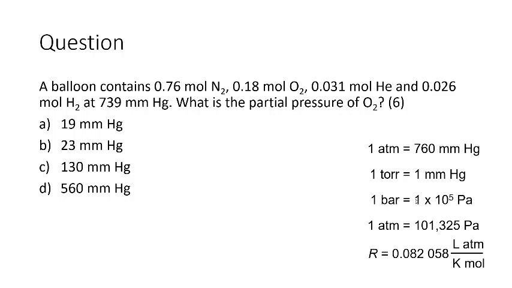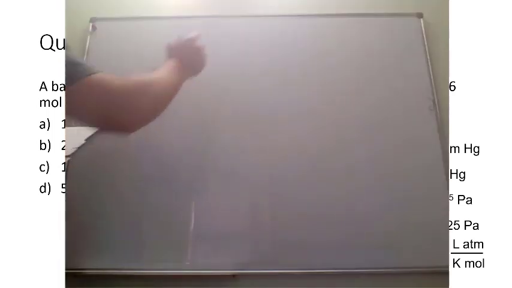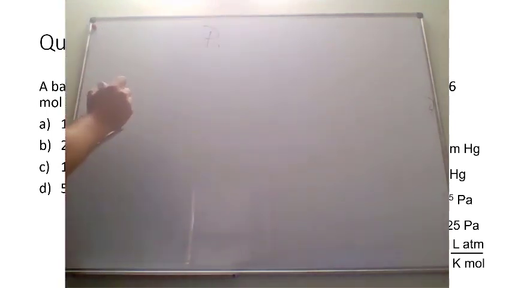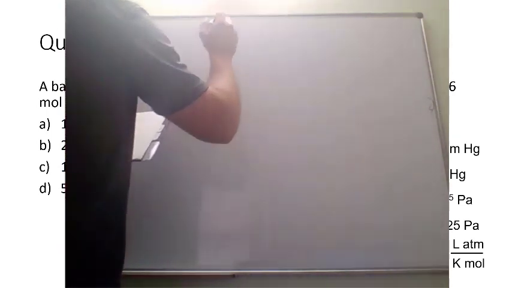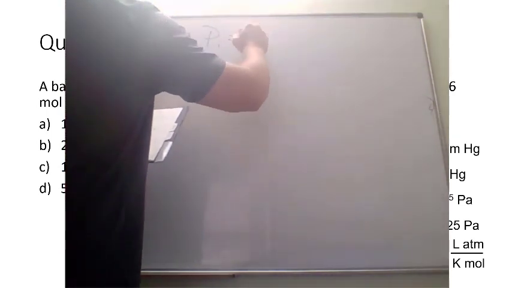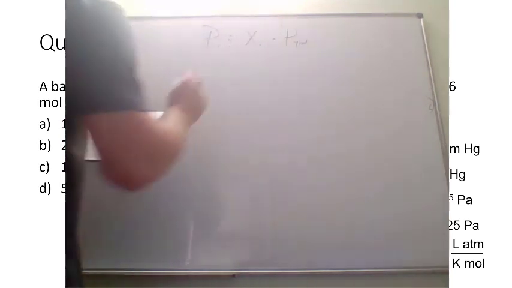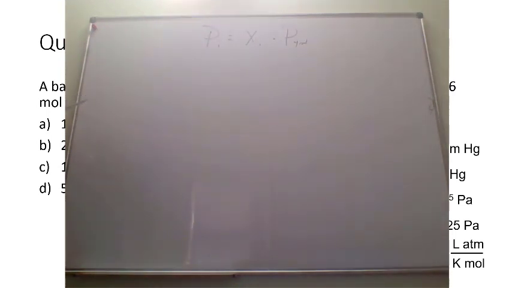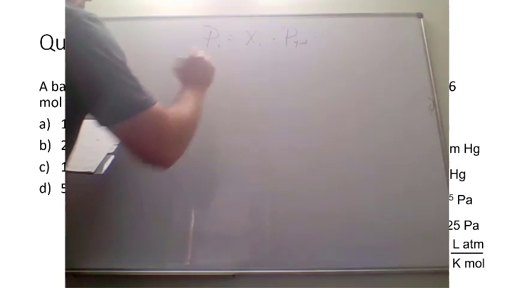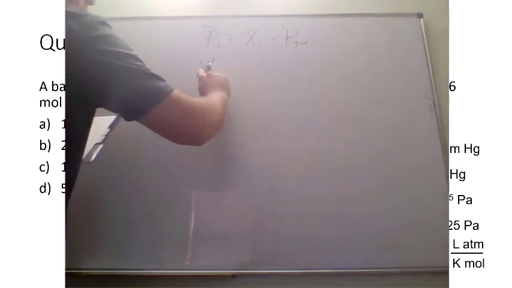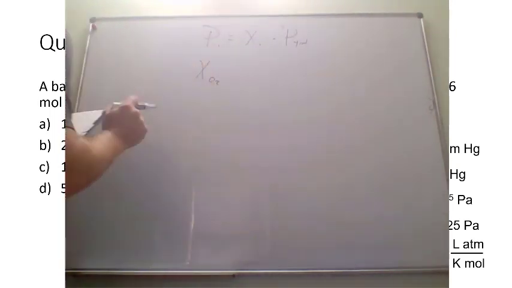Okay, so for this problem, we're going to be using our partial pressure equation that states that the partial pressure of an individual gas is going to be equal to our mole fraction of that individual gas times our total pressure. All right, so here we're talking about O2.